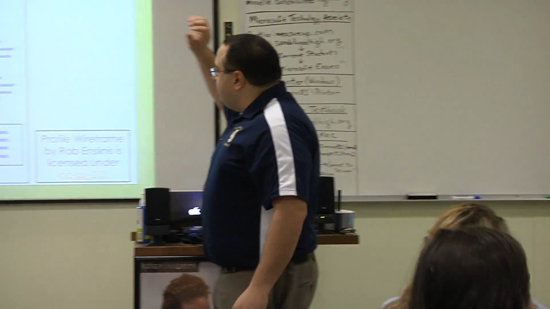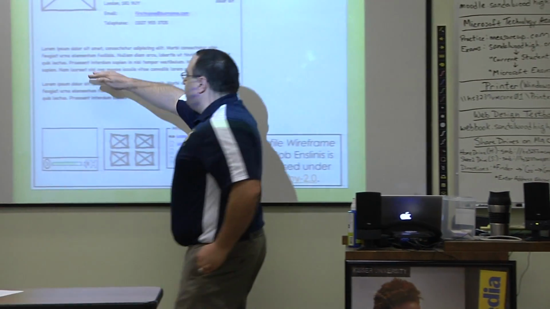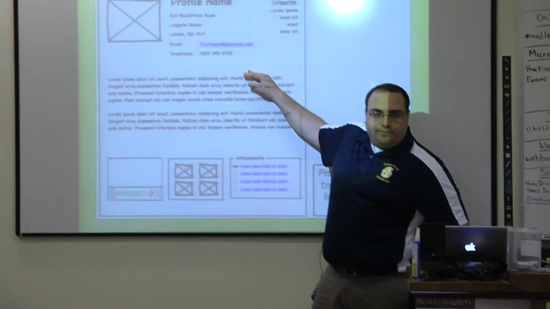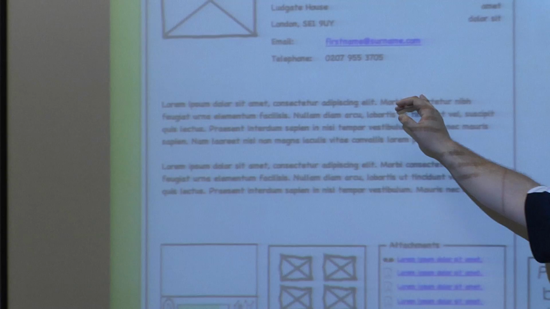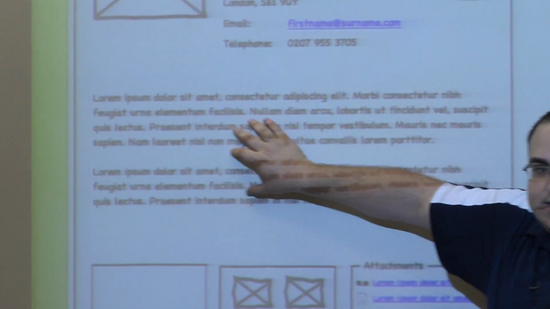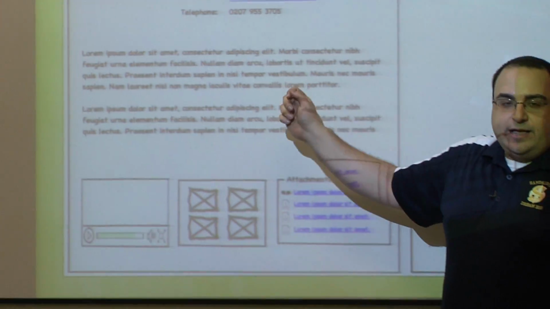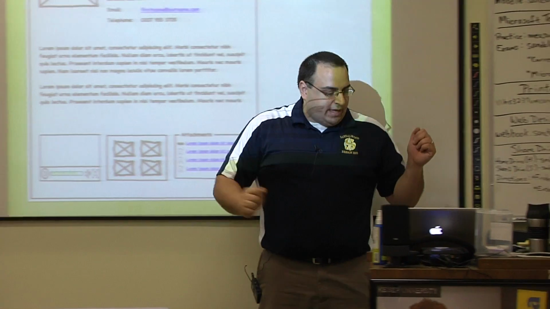But when we get to just representing a block of text, like you see over here, we have something we've seen before called lorem ipsum, which is just gibberish, and all that is a placeholder, okay? So whenever you want to represent text, you can do squiggly lines or you can do lorem ipsum, okay? Everybody clear on that? Okay.